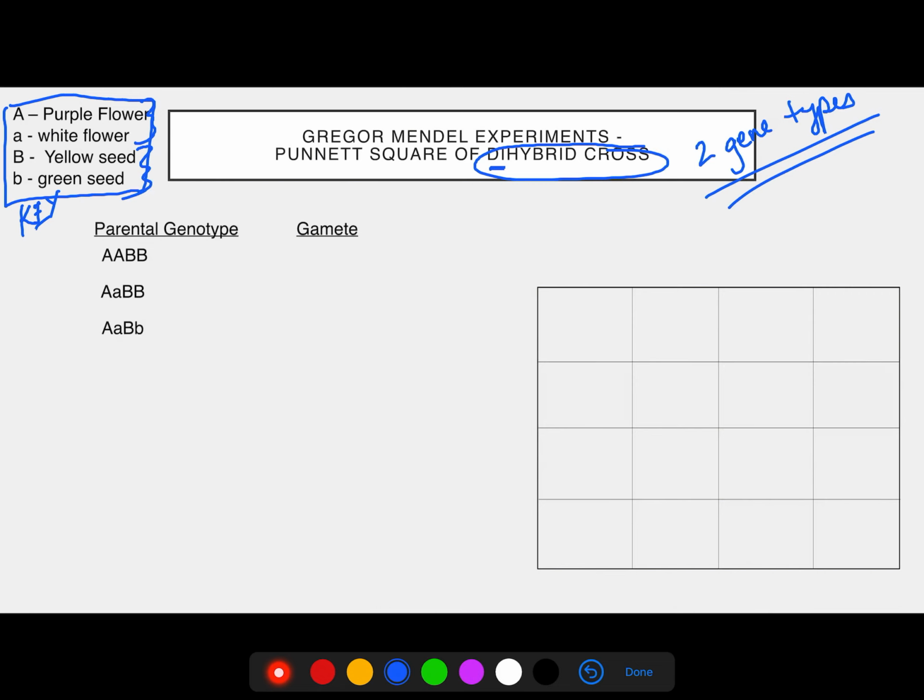Okay, so before we actually do a cross, where we're going to use a Punnett square, what you need to have is the skill to determine what the genotype of the gamete will be. This one's a little tricky in the sense that the gene for A and the gene for B are independent of one another.